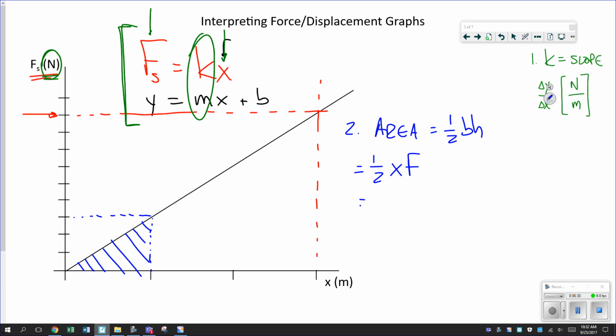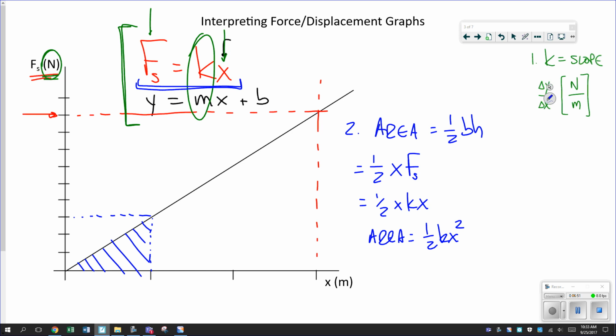And how big is this spring force? According to our equation, that's 1/2 x times kx, which means this area is 1/2 kx squared.